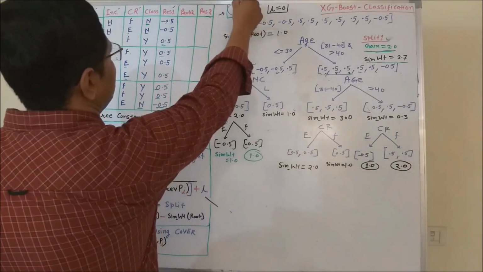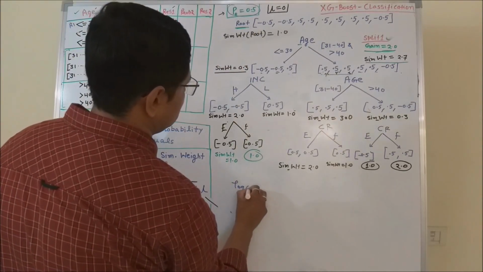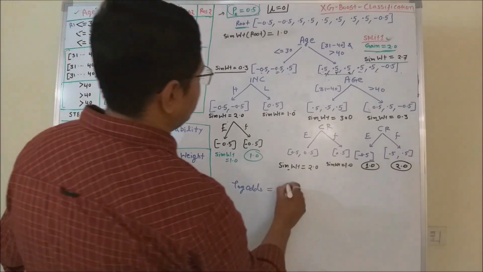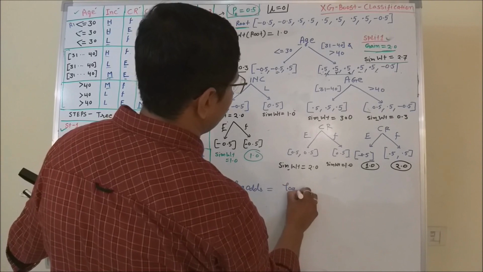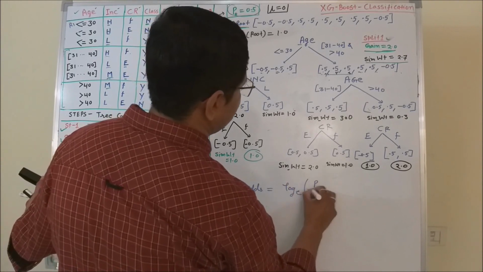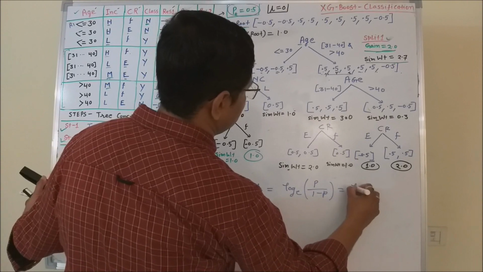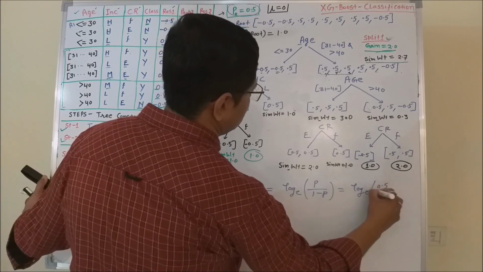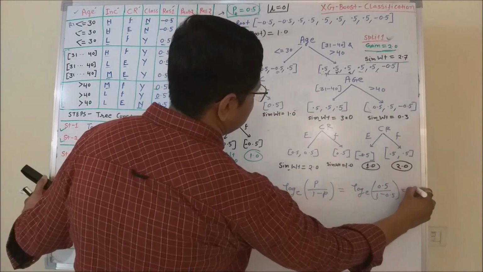For this we have to convert this initial probability into log odds. That will be computed by taking log of probability divided by 1 minus probability. Once you take this, you will get 0.